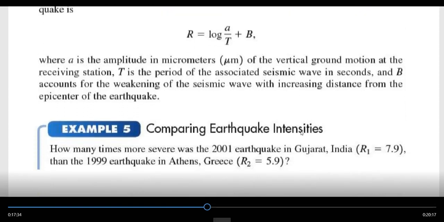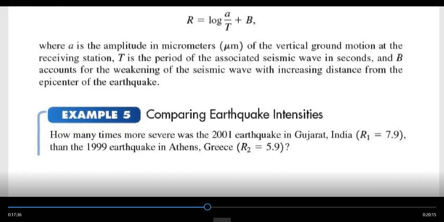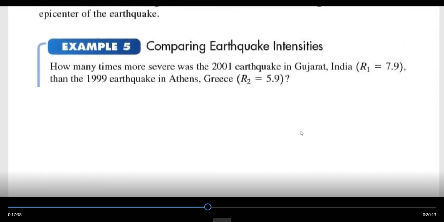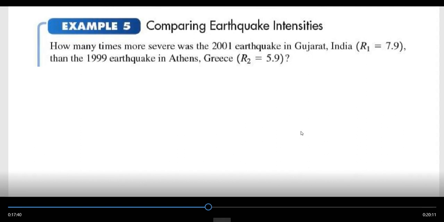If I'm going to compare earthquakes, how many times more severe was the 2001 earthquake than the 1999 earthquake? You can look at these as exponents, because logarithms are exponents.